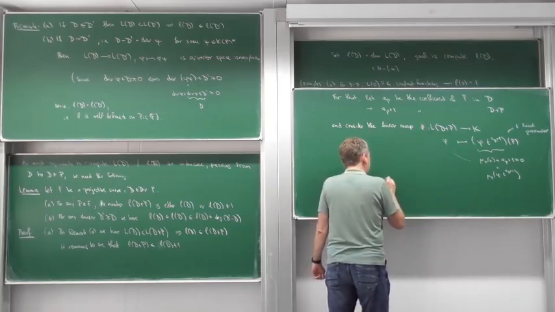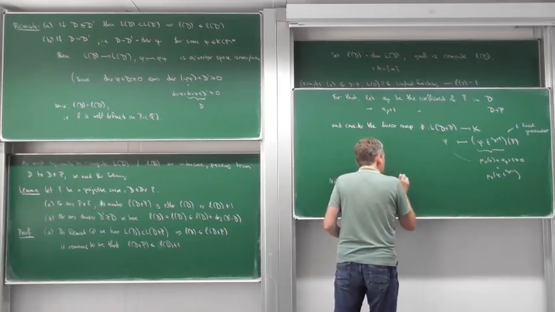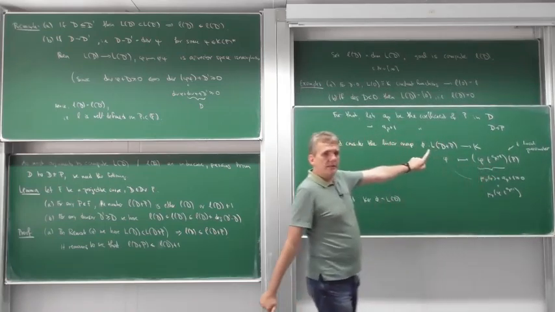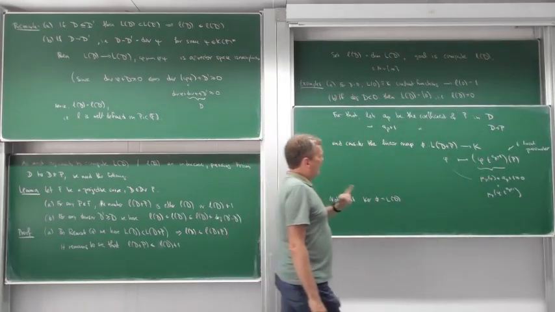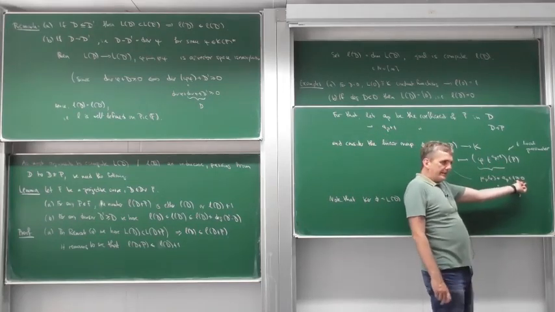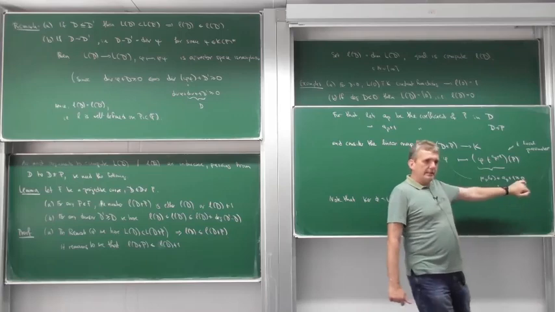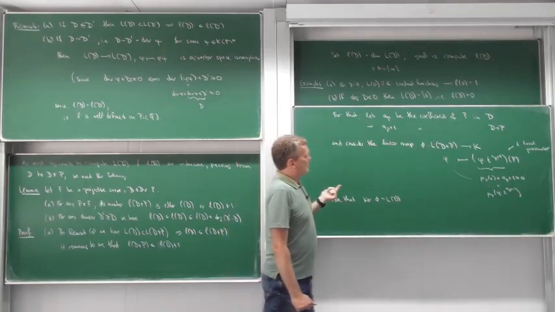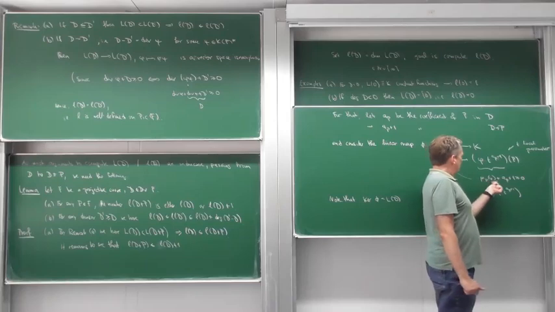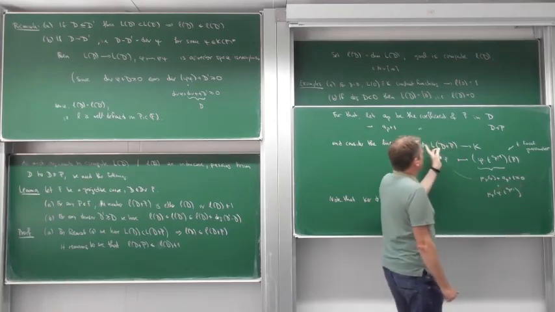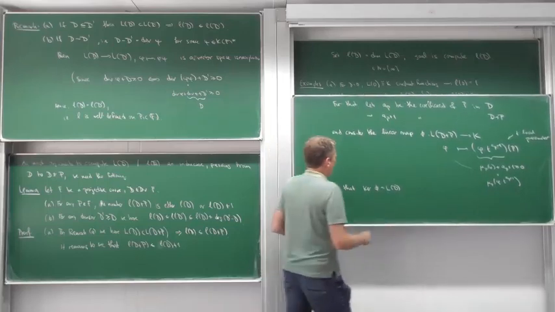But the kernel of phi is just L of D, because kernel means that this maps to 0, and that means exactly that the order here is not equal to 0 but greater than 0, a strict inequality. And that of course means that v_P of phi plus A_P is also greater or equal to 0, and that means essentially we are in L of D.